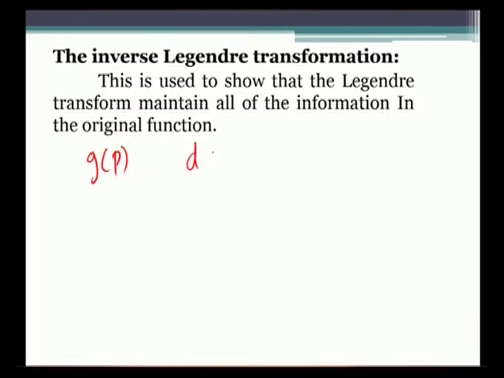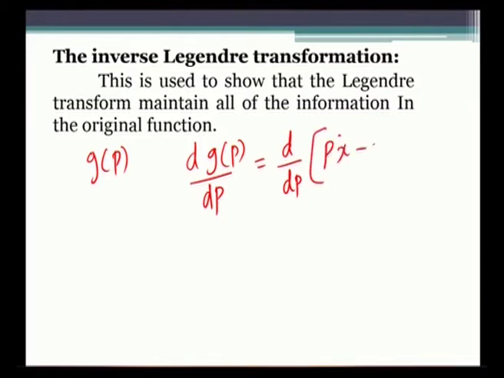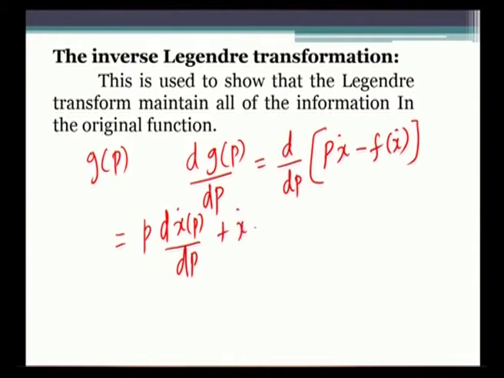The derivative of g of p is given by dg(p)/dp, which is equal to d/dp of (p ẋ minus f(ẋ)). This can be expanded as p times dẋ(p)/dp plus ẋ minus df(ẋ)/dẋ times dẋ(p)/dp.